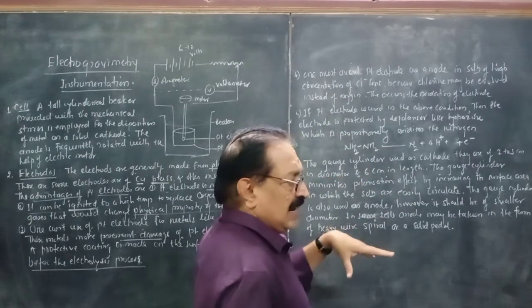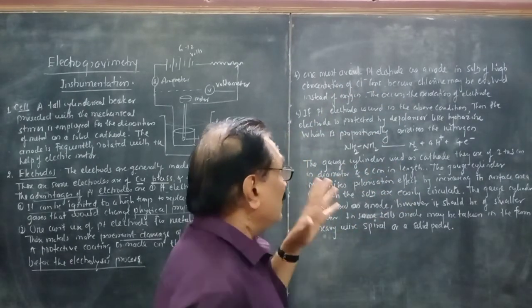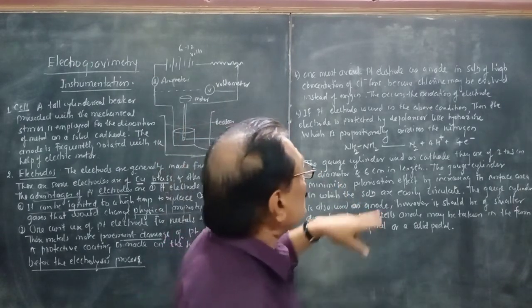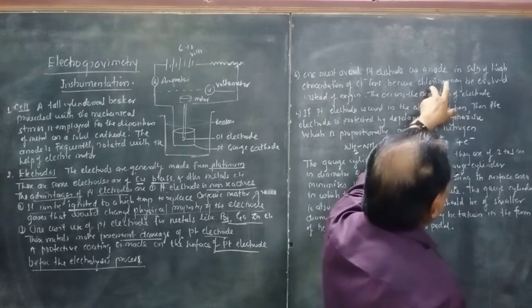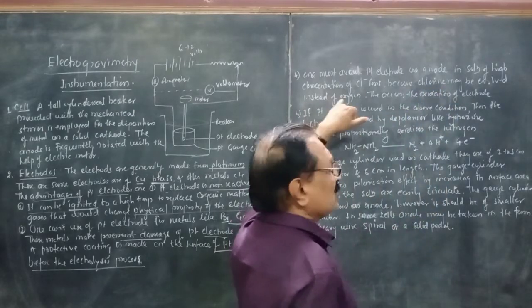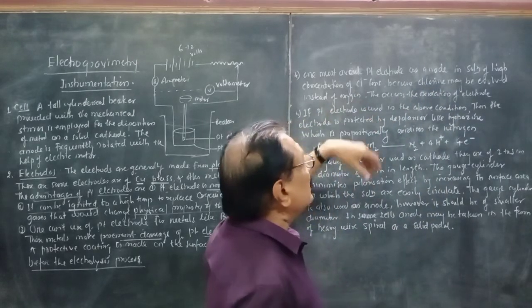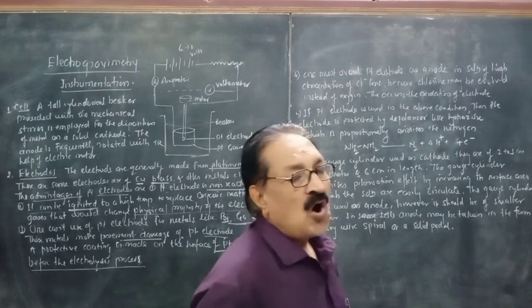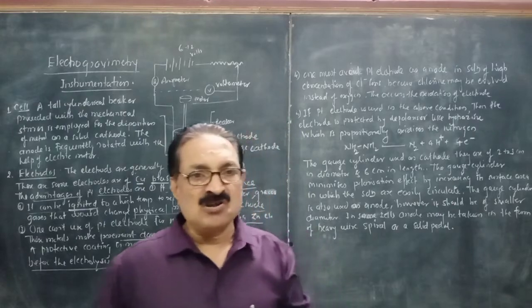Suppose in chloride ions the platinum electrode is used as an anode; in that case, what happens? Chlorine may be evolved instead of oxygen. The chlorine gets discharged instead of oxygen, and that causes oxidation of the electrode, because oxygen is left there.